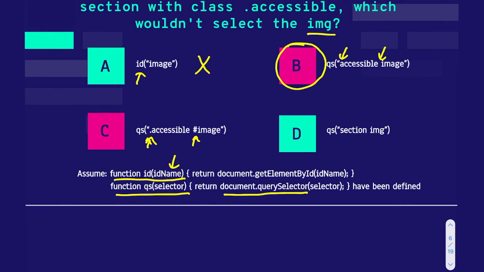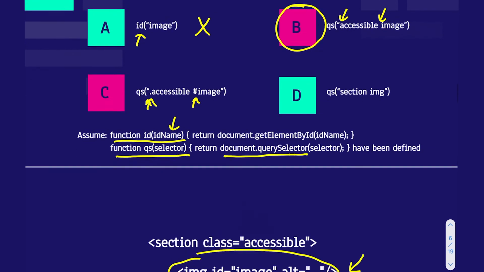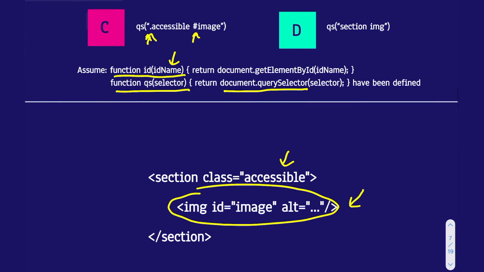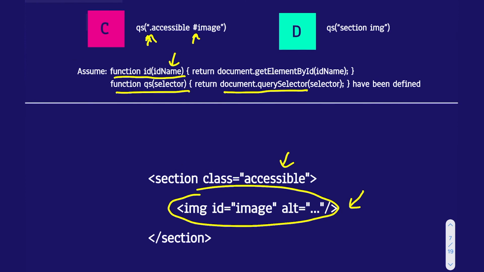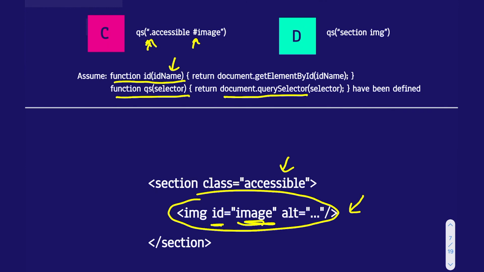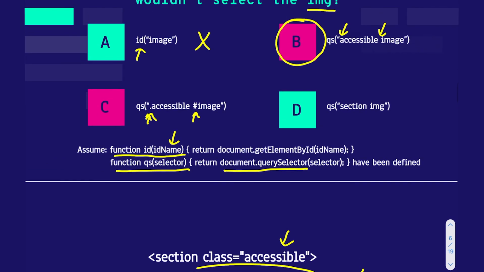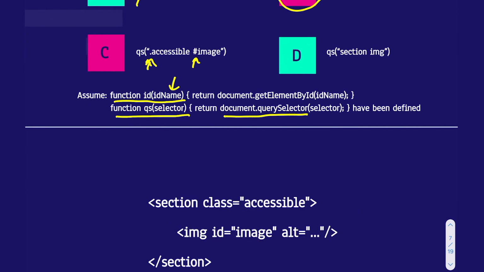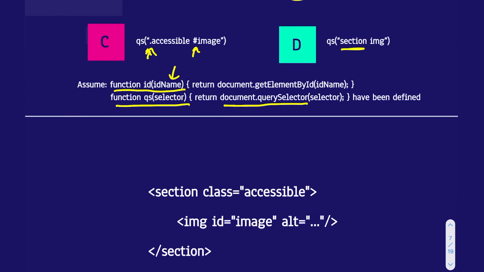Compare that with option C, where we're saying accessible. Accessible is a class. All right, so we found that element, and then inside of that, we want to find whatever element has the ID image. So that also grabs our image. D, query selector section image. What that's saying is, I want you to grab the section tag, right?